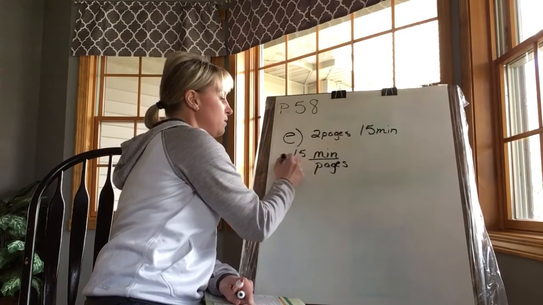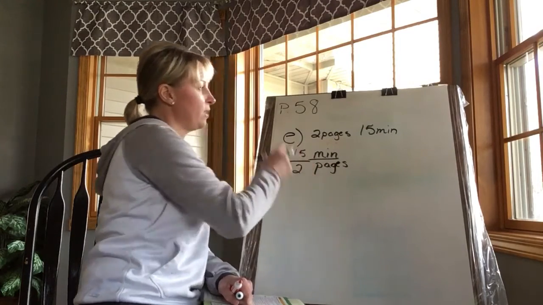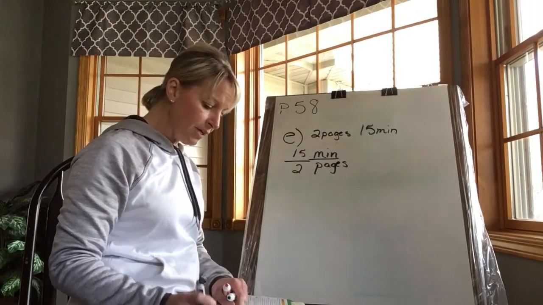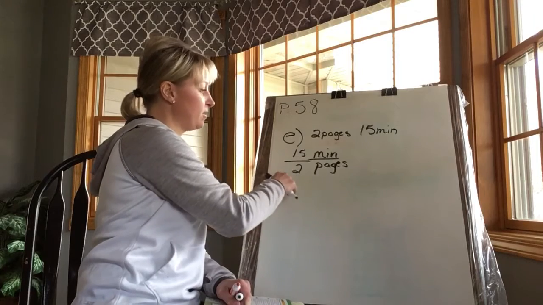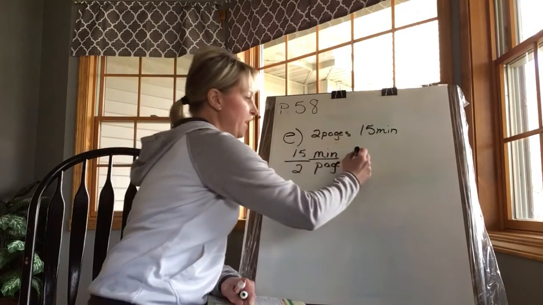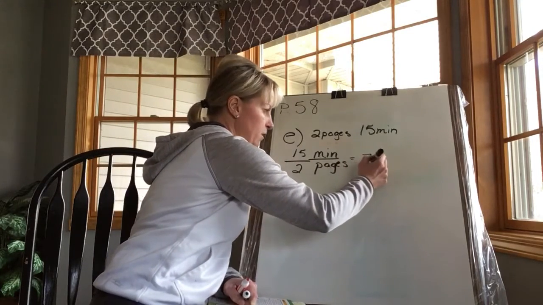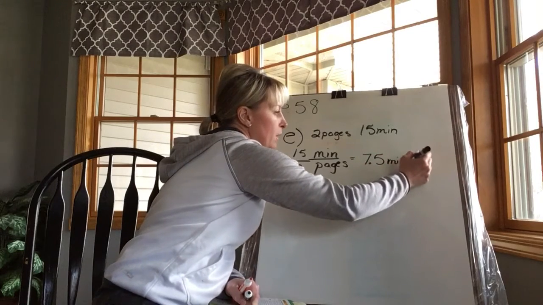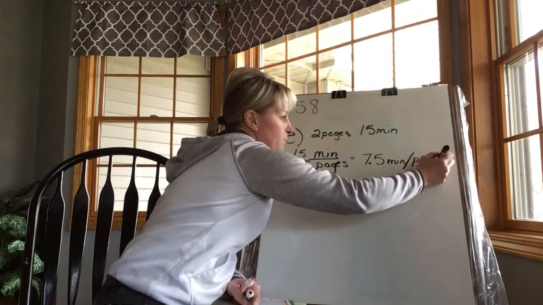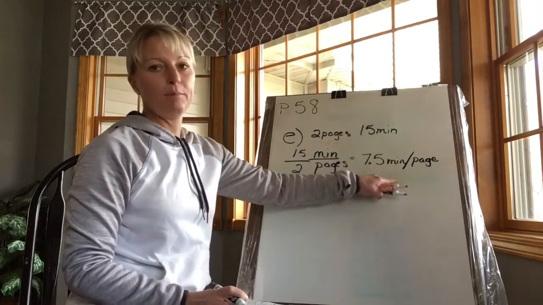So 15 minutes to 2 pages. So then I just created my ratio. So if my ratio is 15 to 2, I just have to divide this. So 15 divided by 2 is 7.5, that would be minutes per page. Okay, because we have that per page.